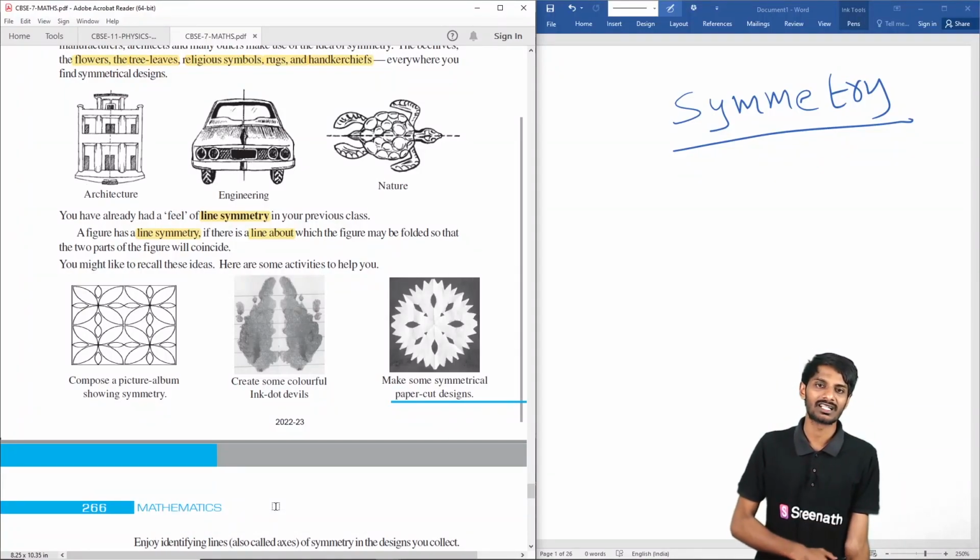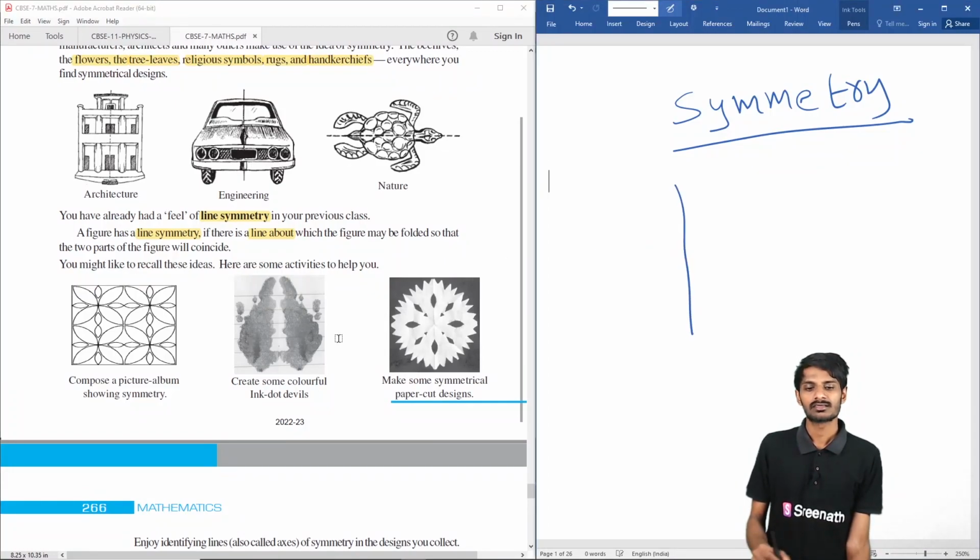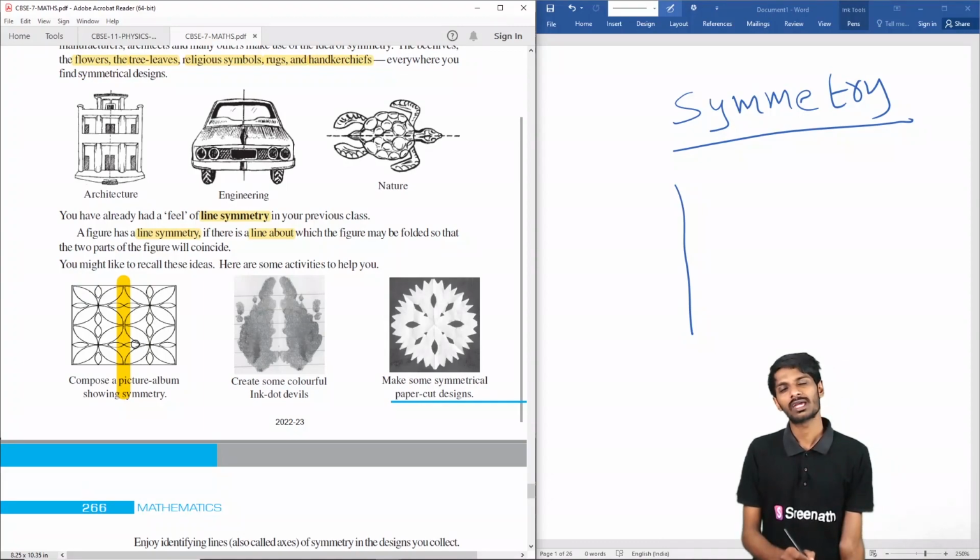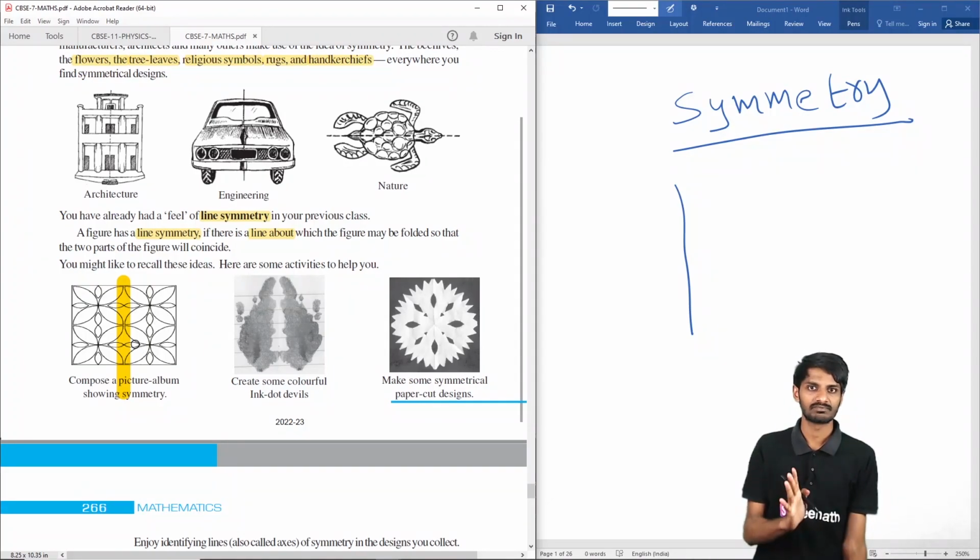That is line symmetry, students. Suppose you draw a line here, it is a line of symmetry. If you fold along it, both sides look exactly the same.